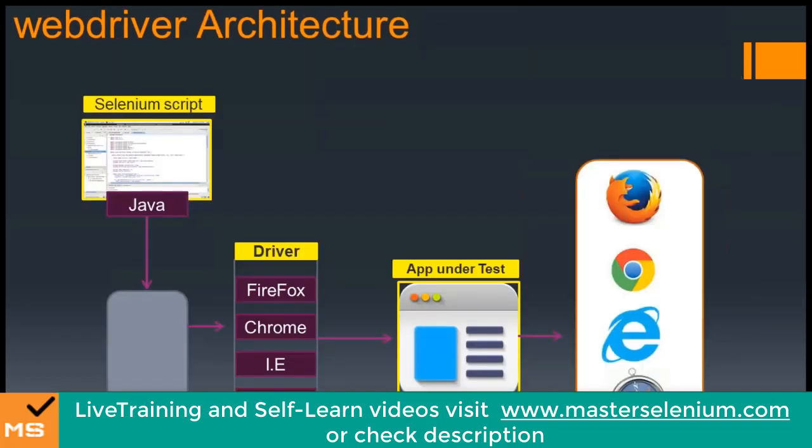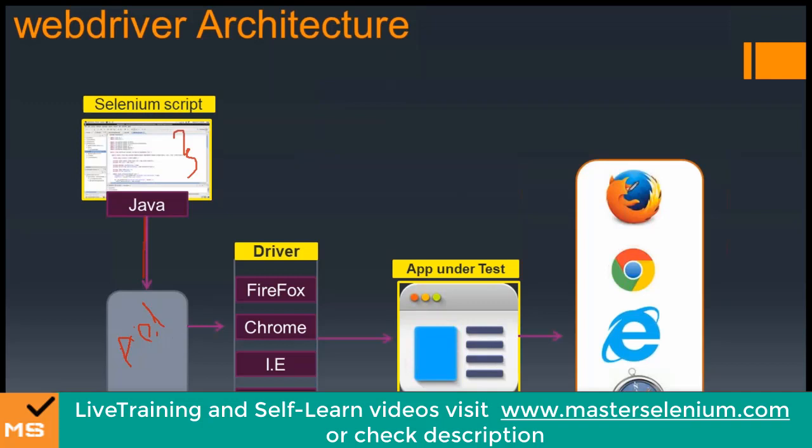In simpler words, I have given the architecture like this. Here I have written some JavaScript. Assume that a script, once I run it, will interact with the Selenium API. Selenium API will go and open the different browsers.